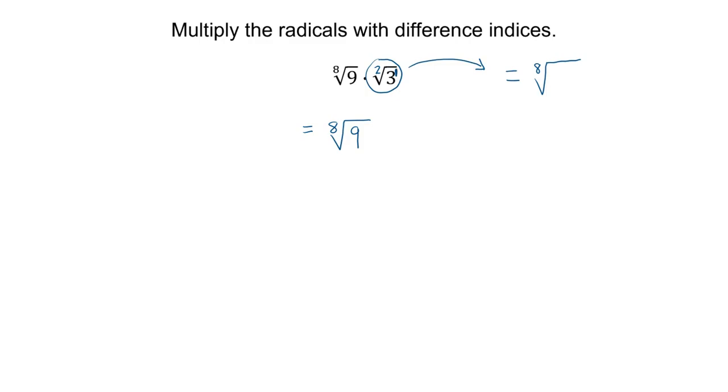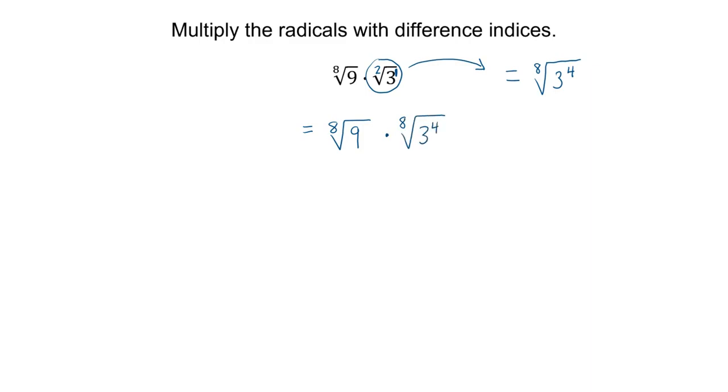Well, the exponent on the inside is a 1 because we have 3 to the first power. But when we multiply that 1 by 4, we get 3 to the fourth. So the square root of 3 and the 8th root of 3 to the fourth, they're the same thing. And now we have matching indexes.